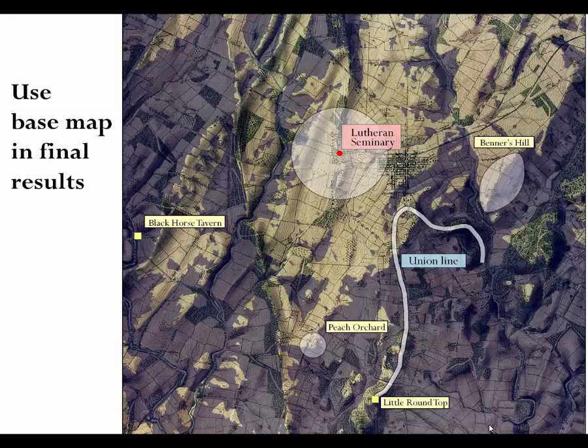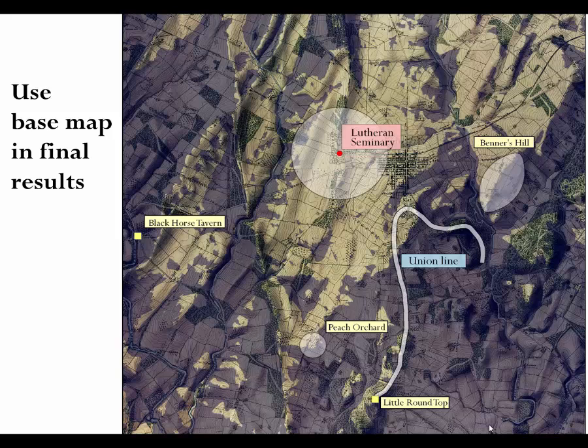And my last example is that you can use an historical base map in your final display of results. This is what my research team and I did in the Gettysburg project. We extracted elevation contours from the 1874 map of the Gettysburg battlefield that you see here in the background.